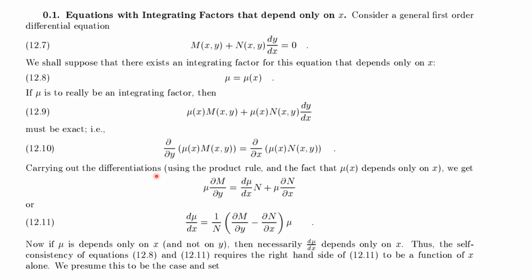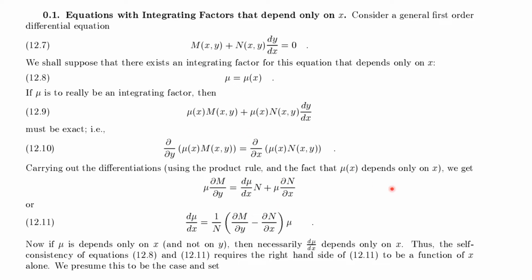So now we're going to use the differentiations and we're going to take the derivative with respect to y here and x here. We're going to use the product rule, but we're also going to use the fact that mu of x depends only on x. That means it is a constant with respect to y.